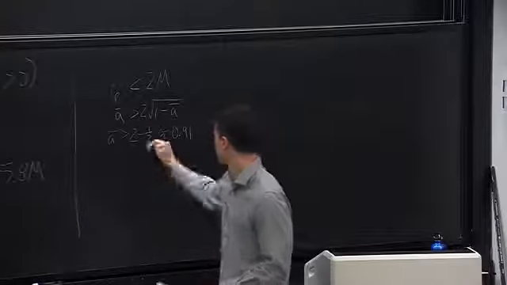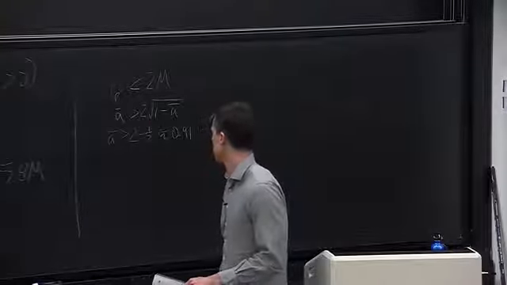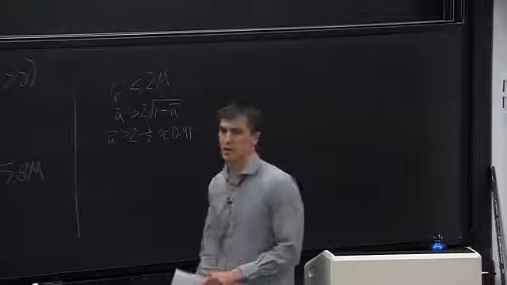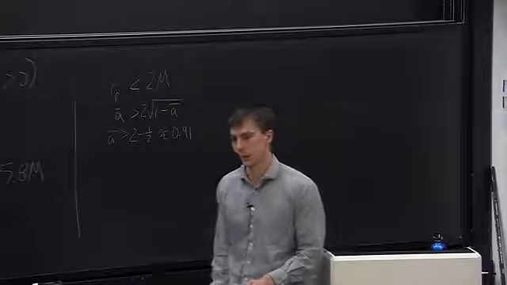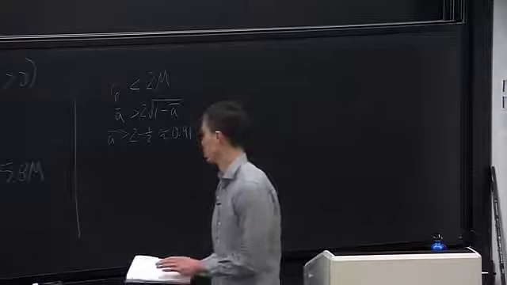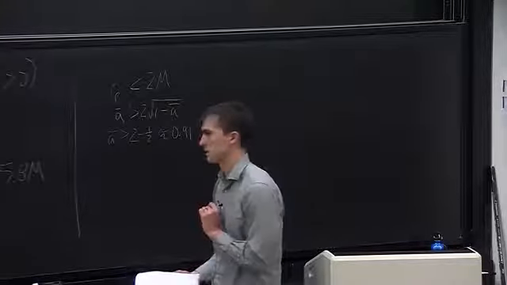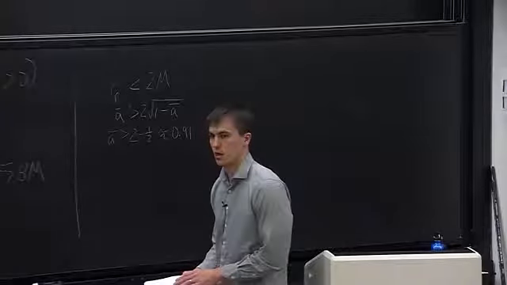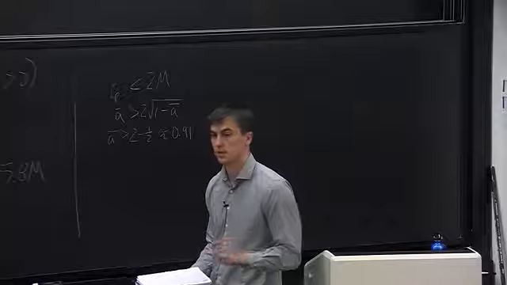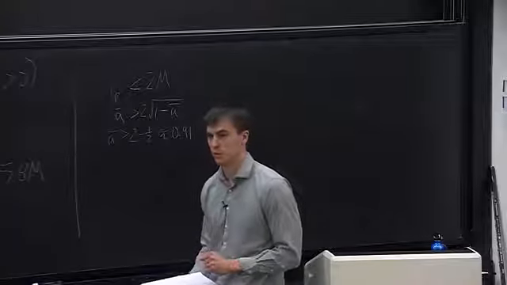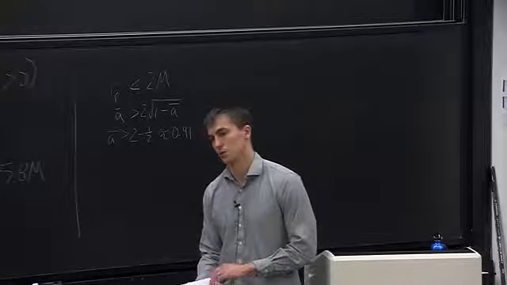So if we have a black hole with a dimensionless spin of greater than 0.91, we can actually have these parabolic orbits that enter the black hole's ergosphere. So that's a nice transition to the next topic, which is how we can actually exploit the black hole's ergosphere in order to tap into a black hole's rotational energy.